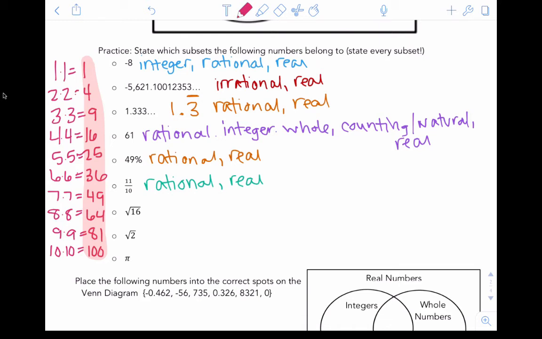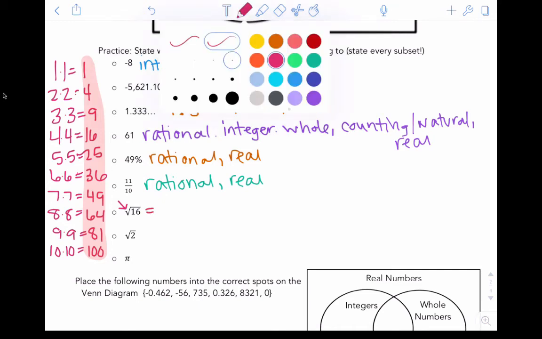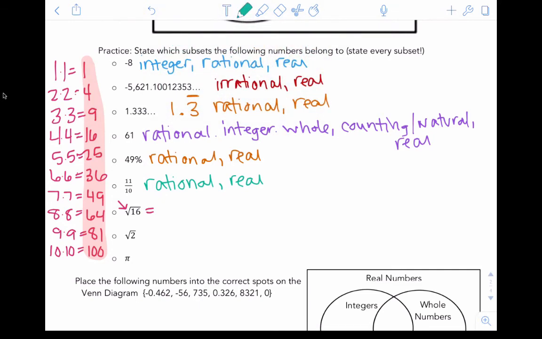So all of these numbers here, all the products of this multiplication, are my perfect squares. So when I get the square root, like this problem right here, I need to think to myself, is the number under that square root sign in this highlighted list? Well, 16 is, so square root of 16 is actually saying 4.